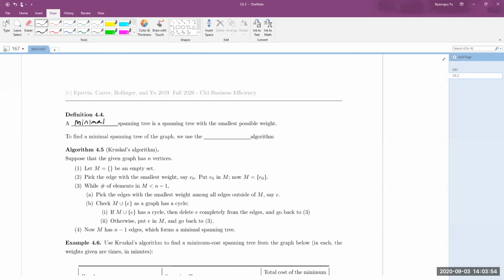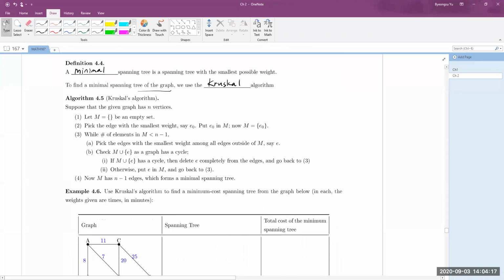Since we want to optimize our moving through the graph, we want to find the minimal spanning tree which contains all the cities we can visit. And to find the minimum spanning tree of the graph, we use the Kruskal algorithm. And Kruskal is just the name of a mathematician from about 50 years ago.